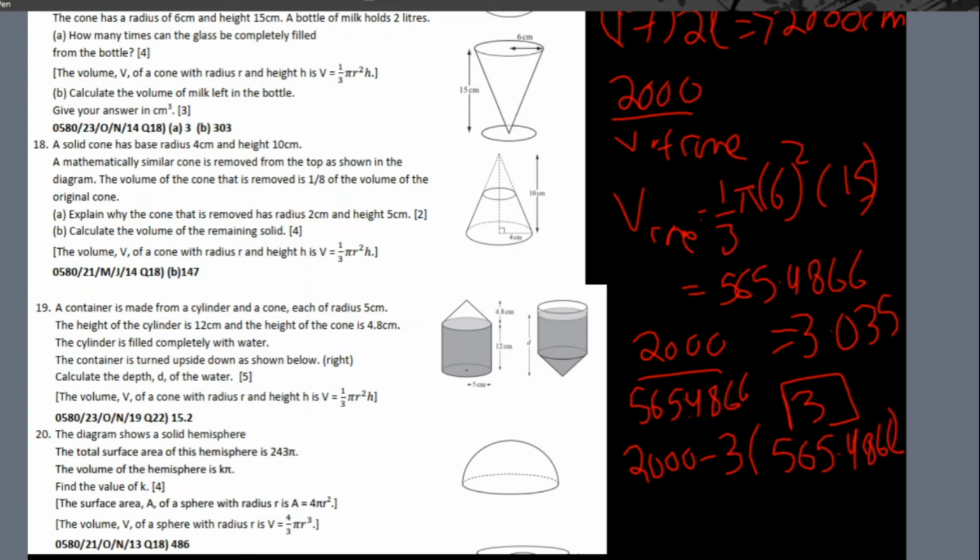So this gives 303.539. So rounded off answer is 303, correct to 3 significant figures.